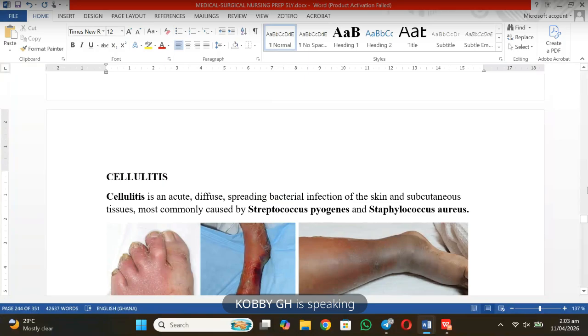What's the difference? Because if the examiner puts a scenario in context for you to choose the possible diagnosis, how would you know that this one is likely to be a furuncle or a carbuncle, and how will you know that this scenario is likely to be a cellulitis?